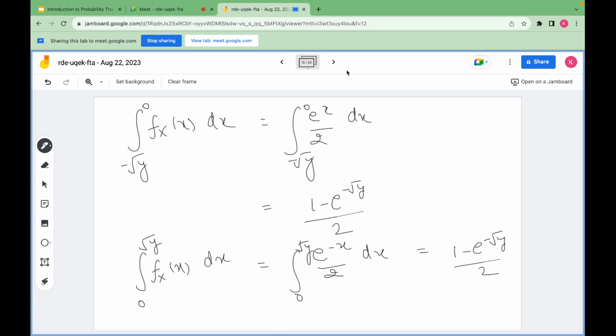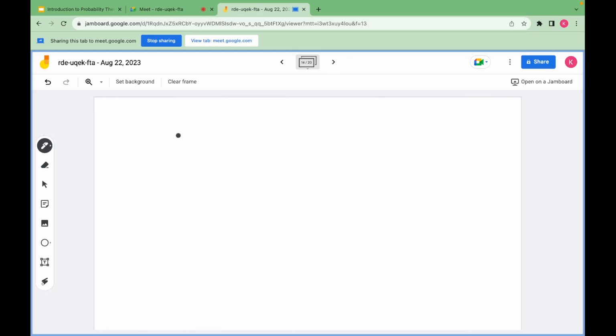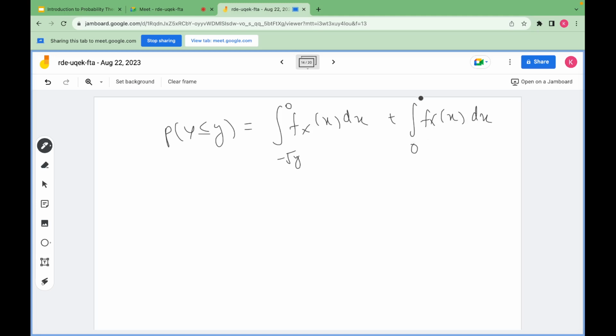Okay, so this probability that Y is less than or equal to y is the summation of the integration from minus root y to 0 plus the integration from 0 to root y.